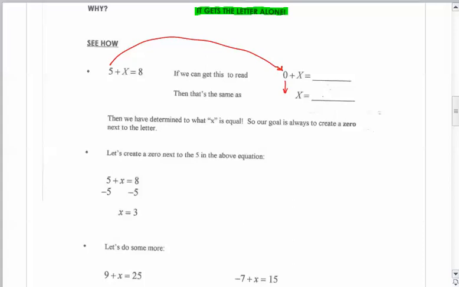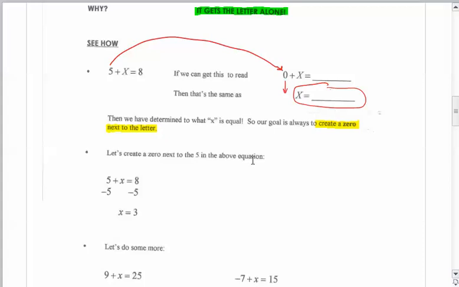And we said that the definition for solving is to find the value of the variable. Well, if I have x equals something, I have the value of the variable. So we've determined to what x is equal. So our goal is always to create a zero next to the letter. That's our goal. Always create a zero next to the letter.